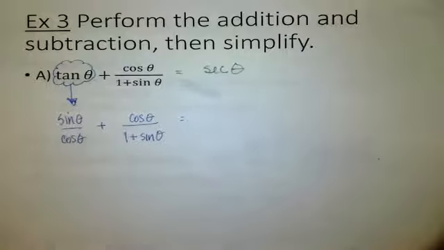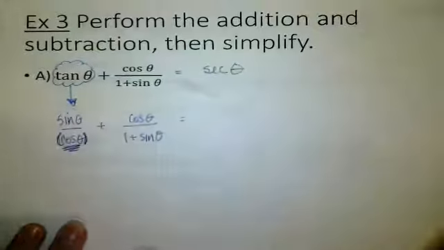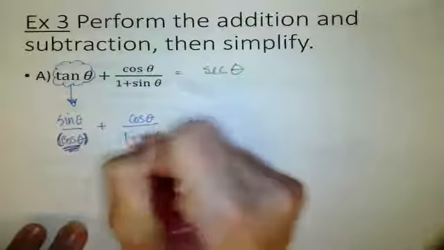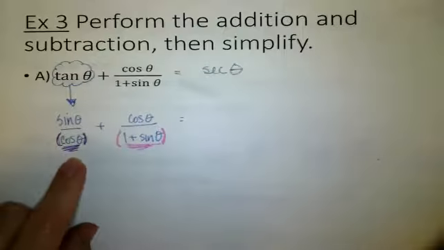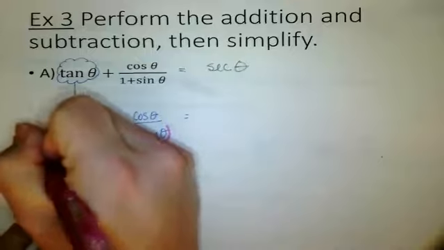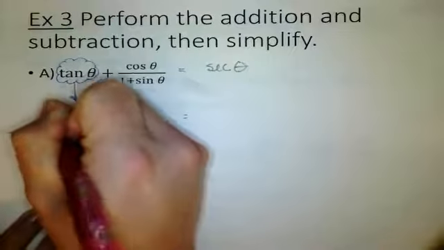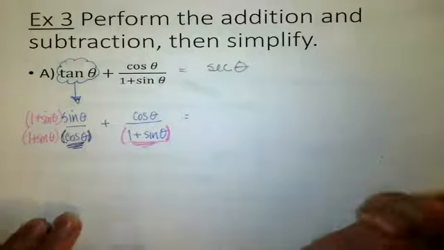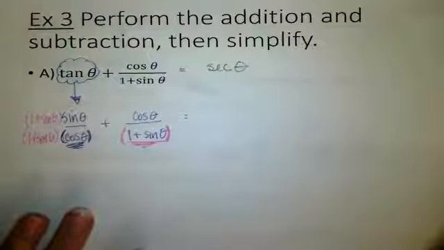Now we are adding fractions. What do you need in order to add fractions? Common denominators. So I have this denominator of a cosine of theta. I have this denominator of 1 plus sine of theta. What does my first fraction need? 1 plus sine of theta. I said x before, sorry about that. So that first fraction, top and bottom, we need 1 plus sine of theta.